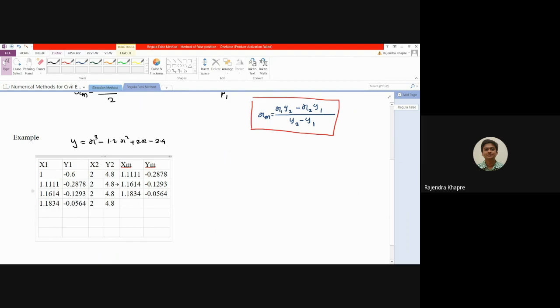Just do the last iteration and give me the values. 1.19. Okay, and what about y? Minus 0.0246.